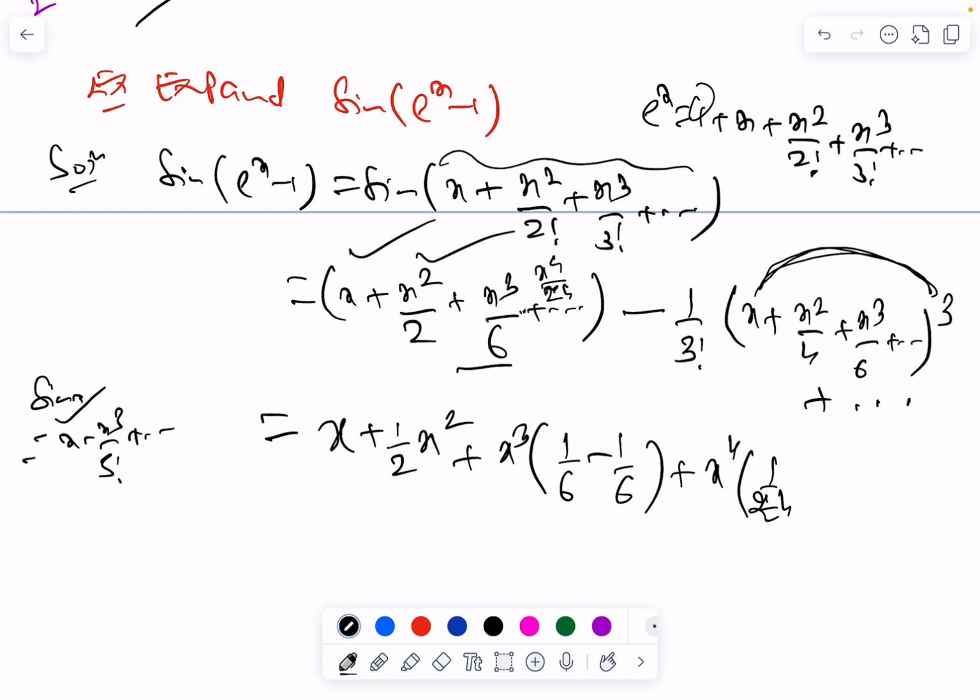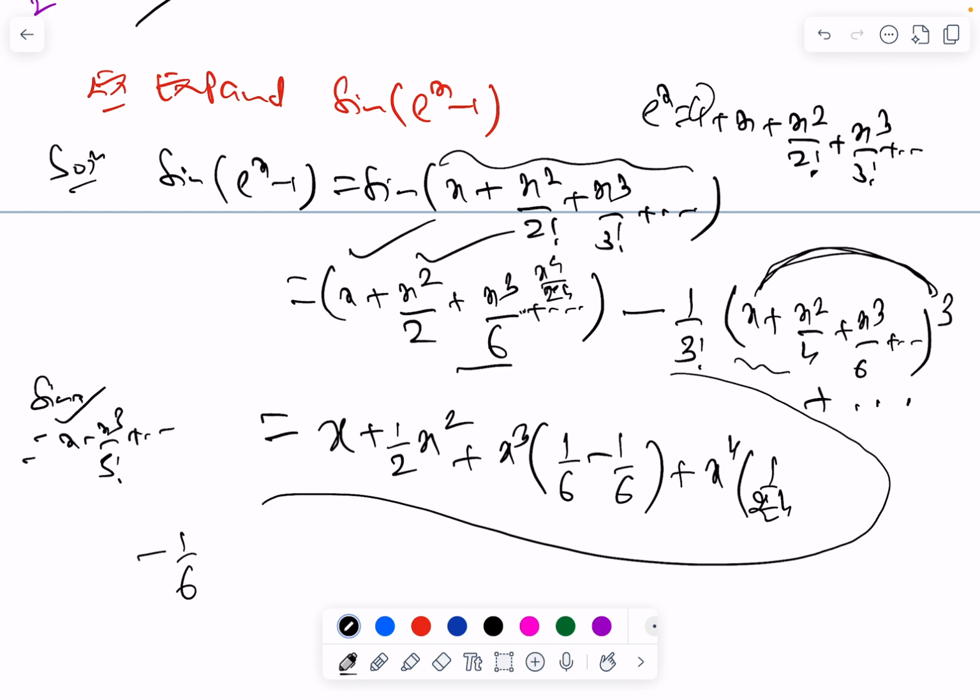Then here we'll get x power 4 like minus 1 by 3 factorial, that means minus 1 by 6, then a plus b cube. In a plus b cube we'll get one term like 3 a square b.